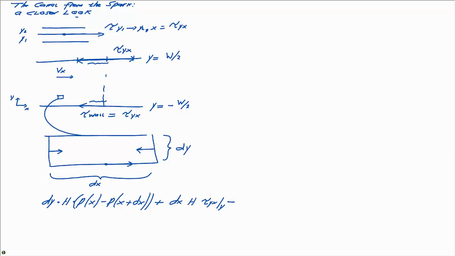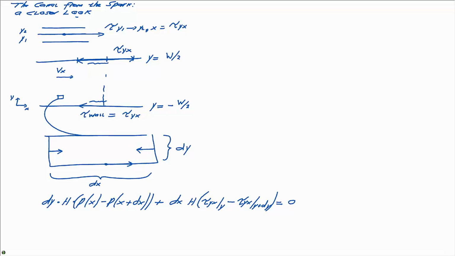So that's why I put a minus sign here. And because it is acting on a similar surface, I put it like this, and this is equal to 0. It's all in balance because it's steady state.